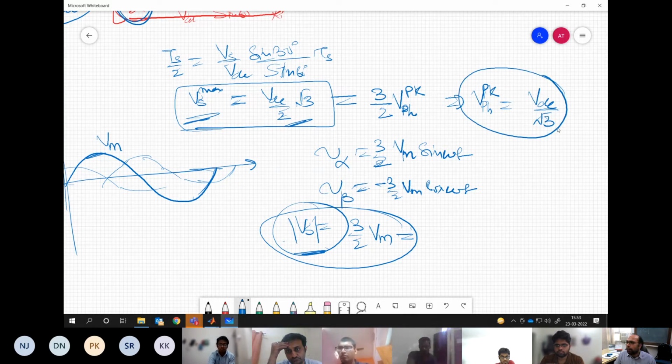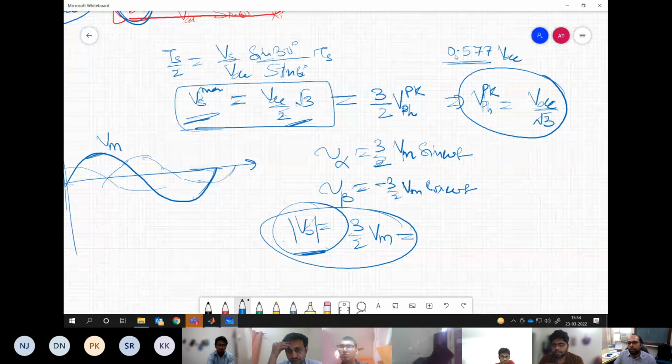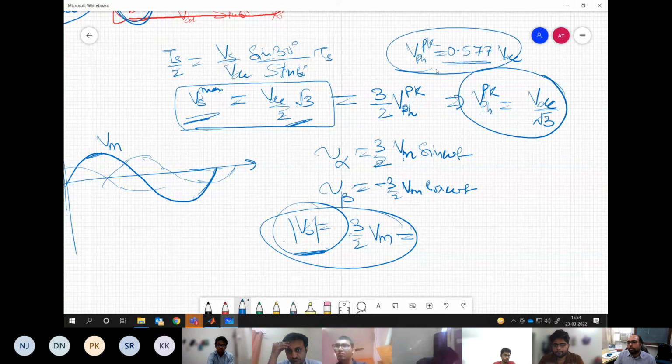So here we find that our DC bus utilization is 57.7% for space vector PWM. This is clear, right? Yes, sir.